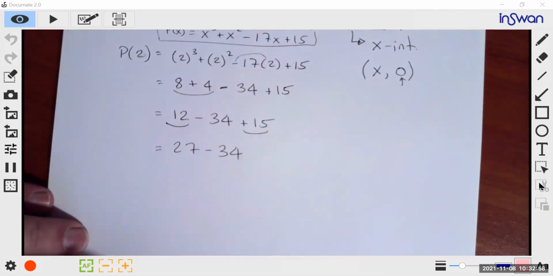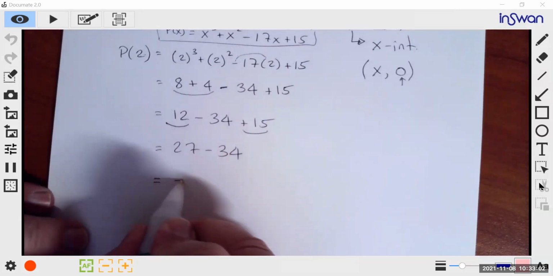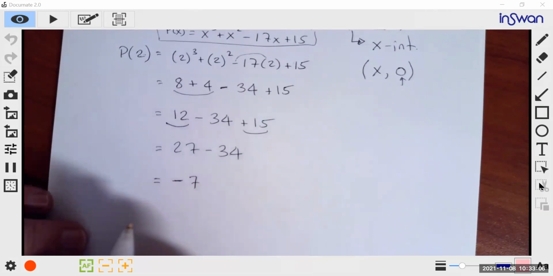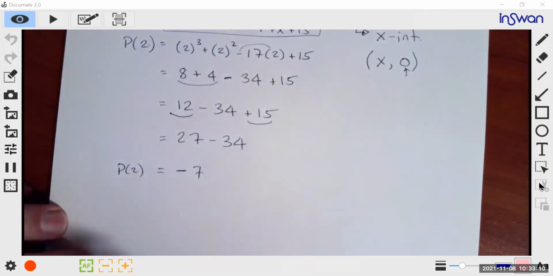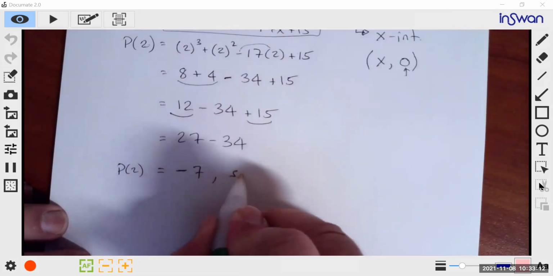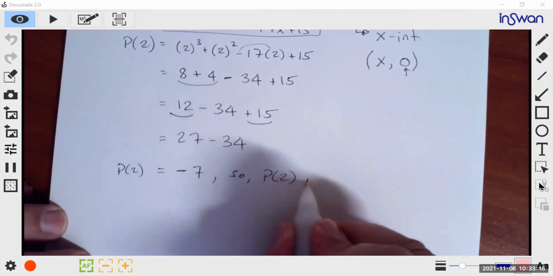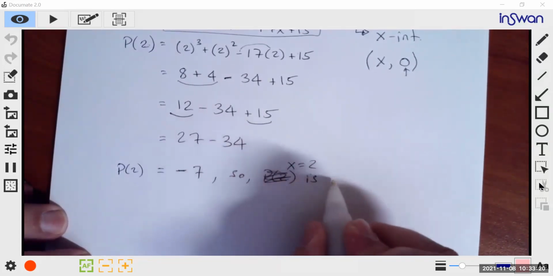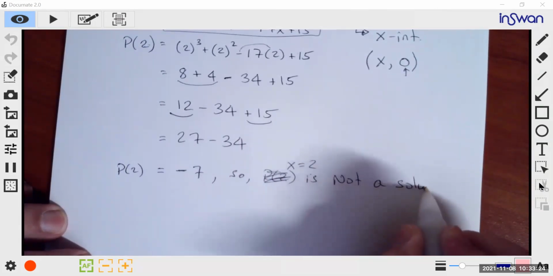Is it going to be 0? Since 34 is bigger, it's negative. 34 minus 27 is negative 7. So P of 2, or x equals 2, is not a solution.